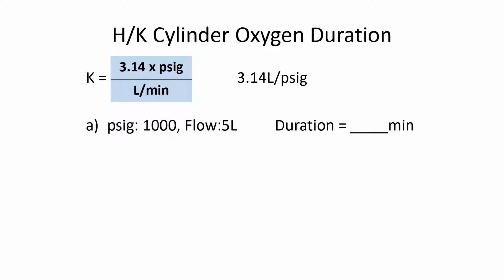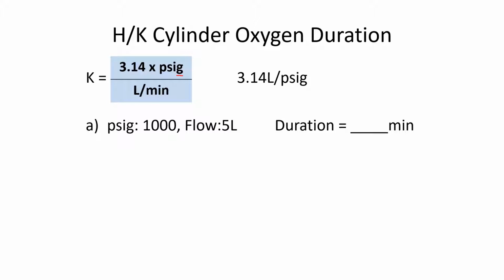All right, cylinder durations, not too bad. We have H and K cylinders. Your conversion factor is 3.14. So this G here is the gauge reading. Whatever the gauge on the container is reading, every pound per square inch is going to give you 3.14 liters of oxygen.